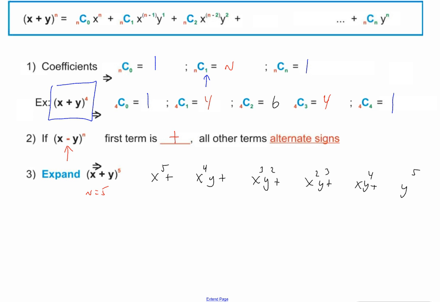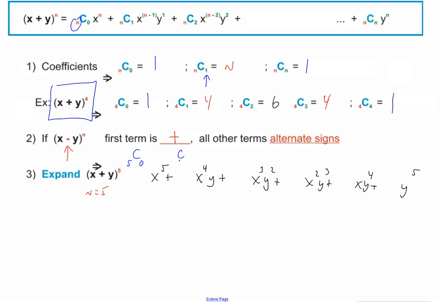All right, so remember now, how do the combinations go? I'm going to do this up above so you guys get the idea. The combination of the first term is a 5 choose 0. Now again, the 5 stays and the 0 goes up.